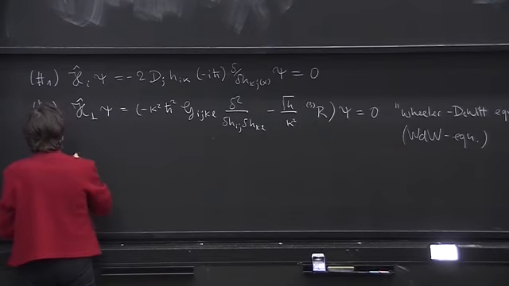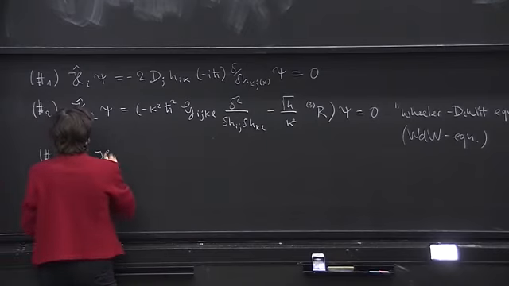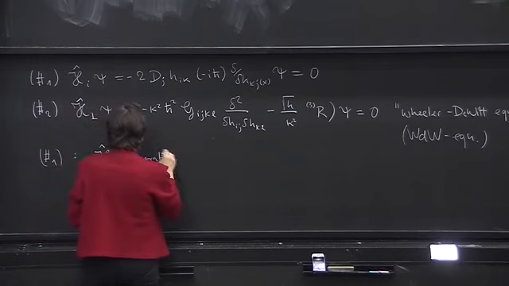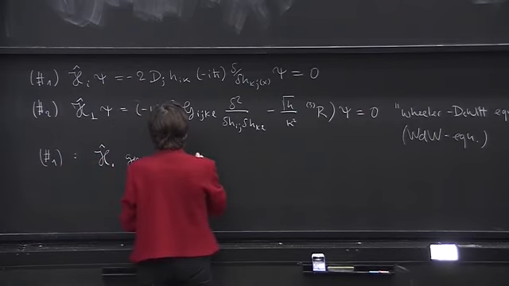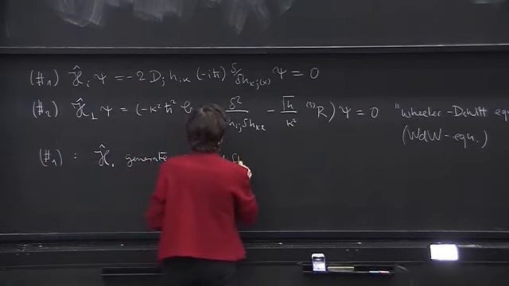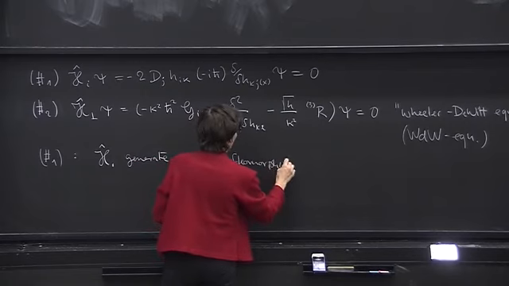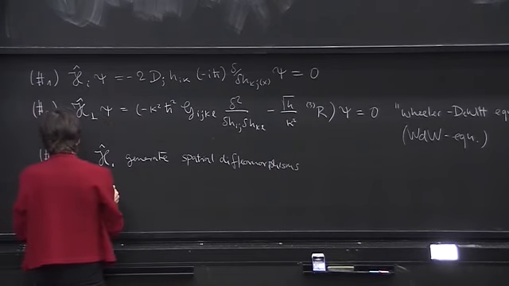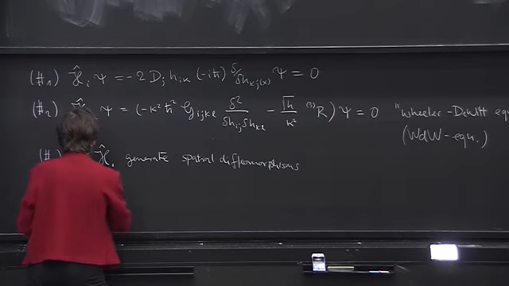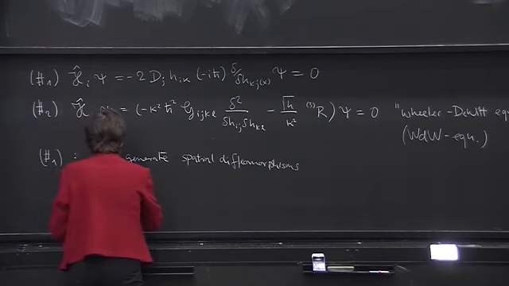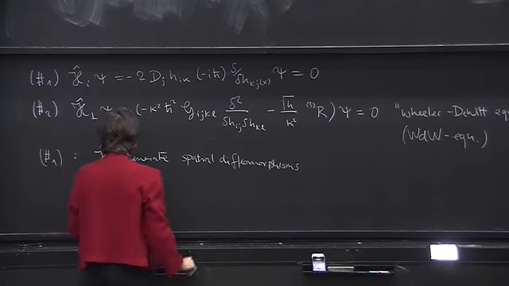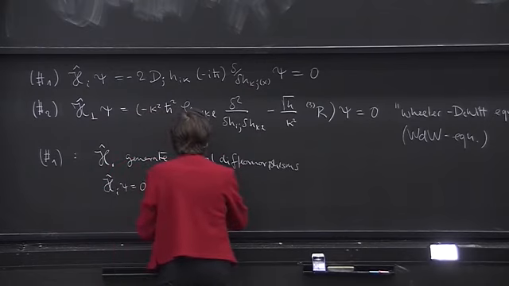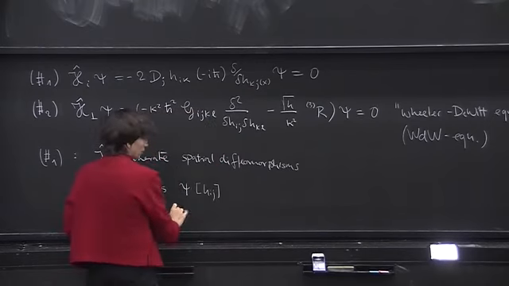So this is my comment concerning these Hi hats. They generate spatial diffeomorphisms at the quantum level, without any anomalies, at least at this very formal level I'm using here. A wave function that is annihilated by those is one which depends only on equivalence classes of hij's.